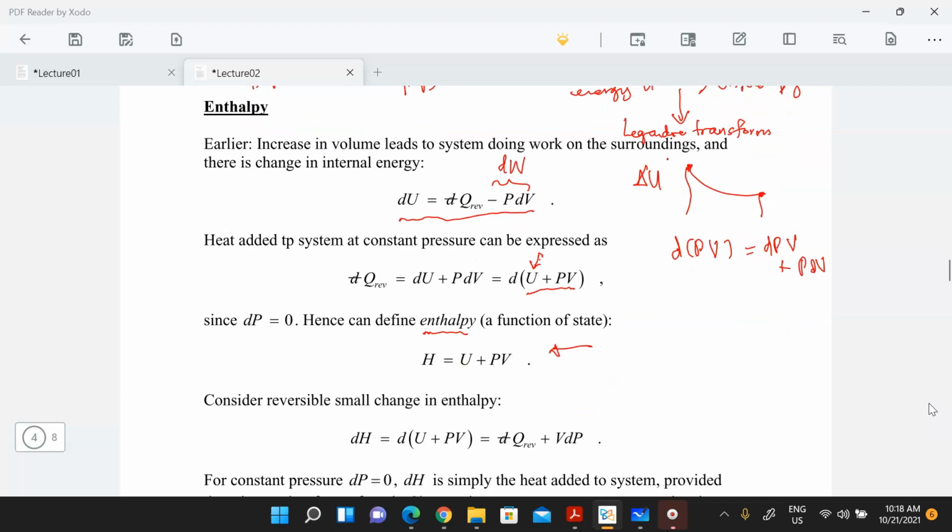But in certain circumstances, it is what we call the heat energy.